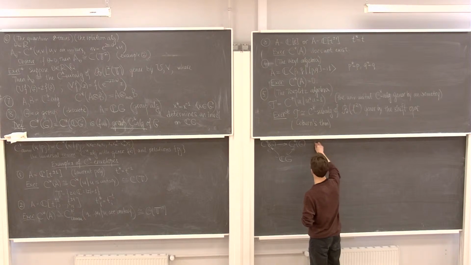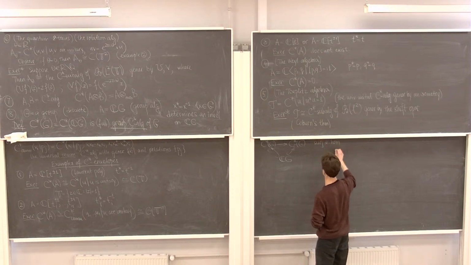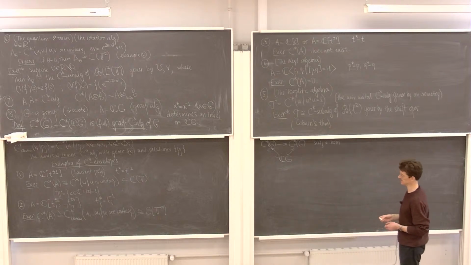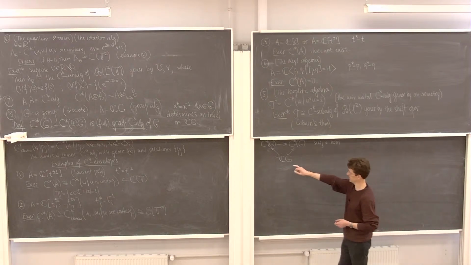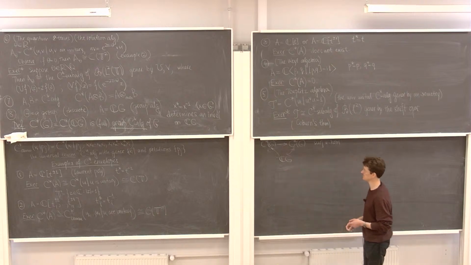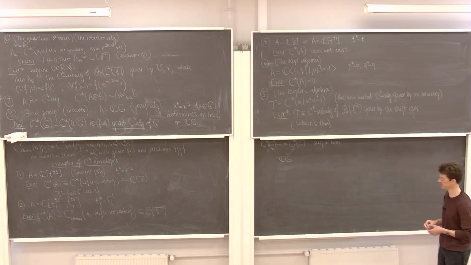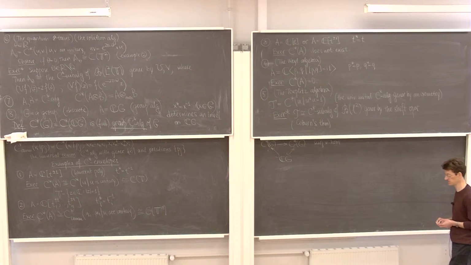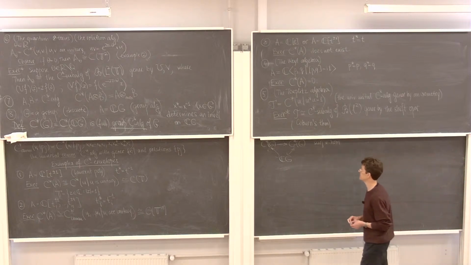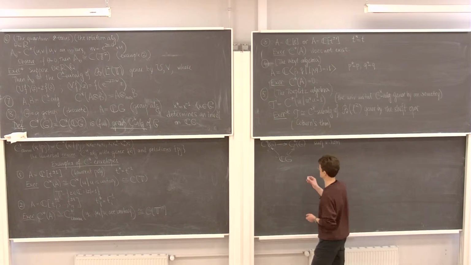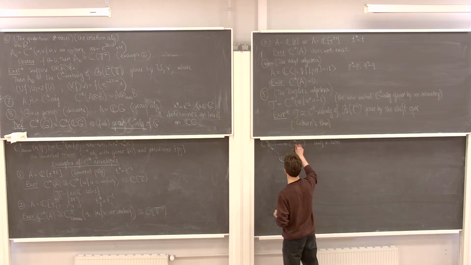And this is a surjective star homomorphism. Why is it surjective? It is surjective because it has dense range. So the group algebra is contained in the range of this homomorphism, but on the other hand, we know that the range of a star homomorphism between C-star algebras is always closed. So it is surjective. And so the reduced group C-star algebra becomes a quotient of the full group C-star algebra.